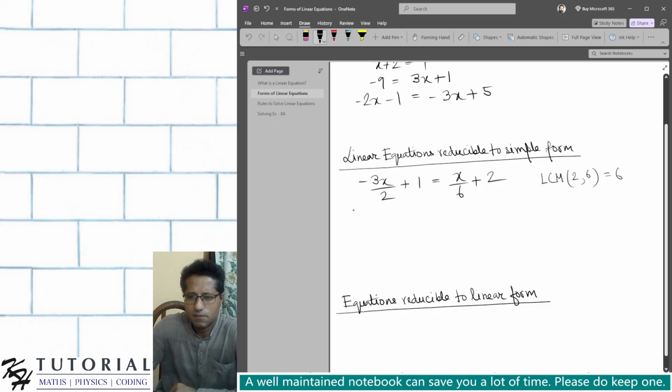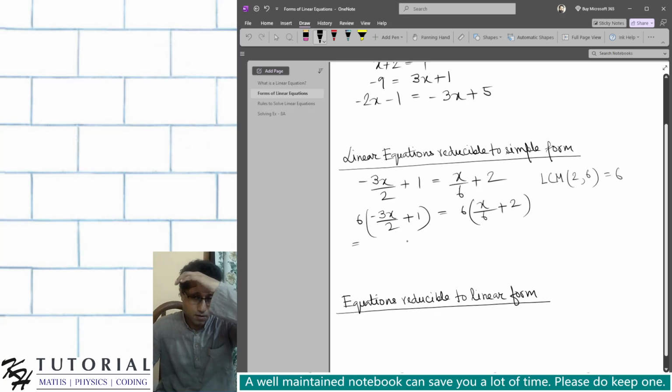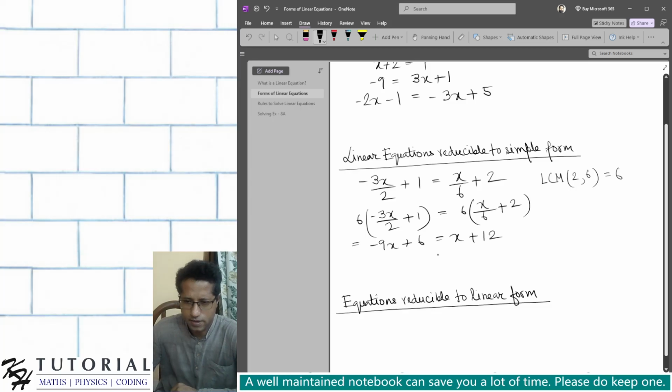That is, we multiply both LHS and RHS by 6, and we get 6 multiplied by minus 3x by 2 plus 1 equals 6 multiplied by x by 6 plus 2. Now, if you do the product on both sides and simplify, this will become minus 9x plus 6 is equal to x plus 12. Now you see the rational terms are gone. We are having a simple form.